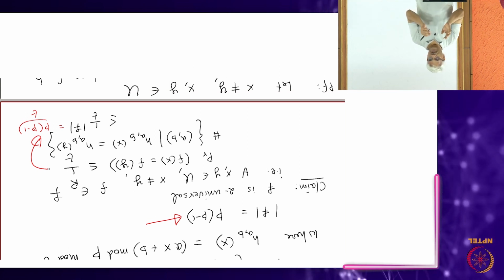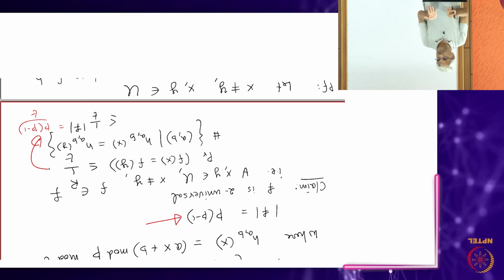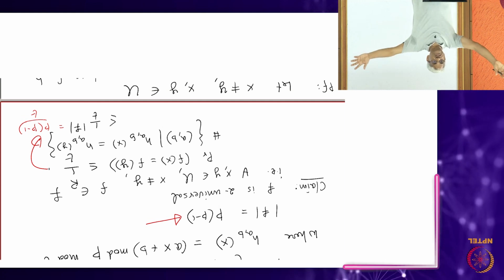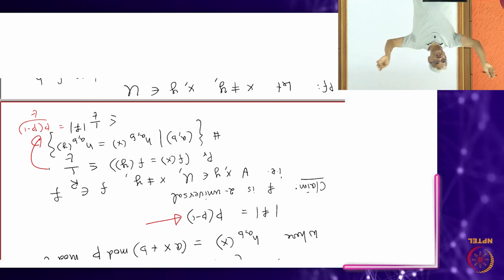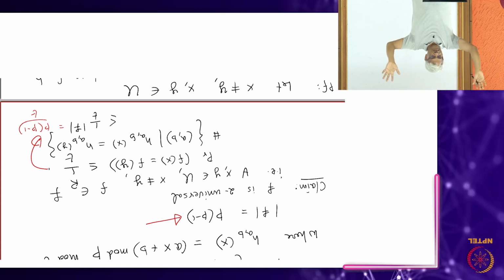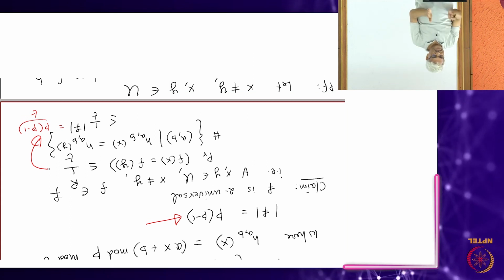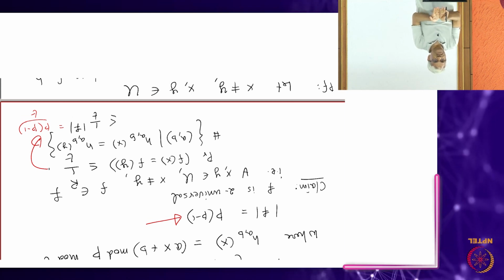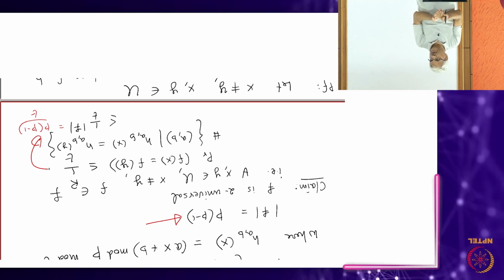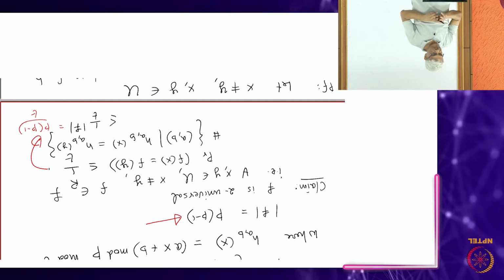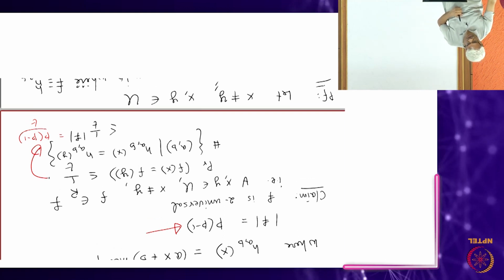The total number of all functions is huge, P power T or T power P, I forget. But this small family has similar behavior in terms of collisions, and the size is only P square, where P is the order of the domain size, and for us it is just the vertex set. So it is order n square.